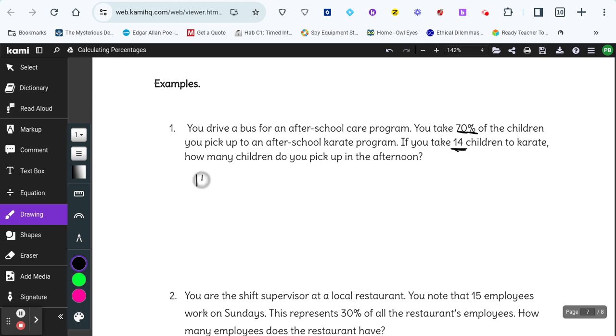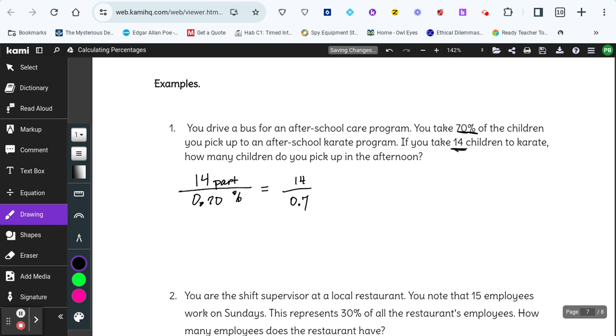We're going to take that part, which is 14. Okay, this is not all the children that caught the bus. And then we're going to divide by the percentage given, which is 0.70. All right, so you're going to take 14 and divide it by 0.7.